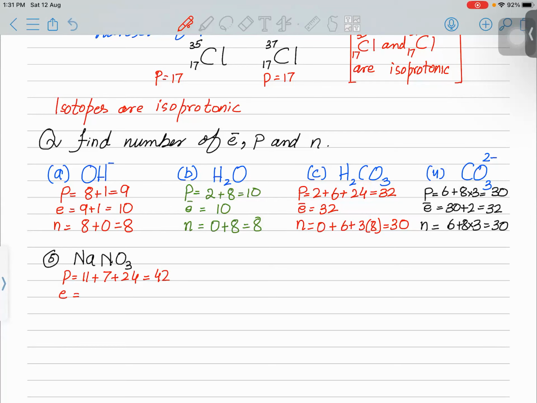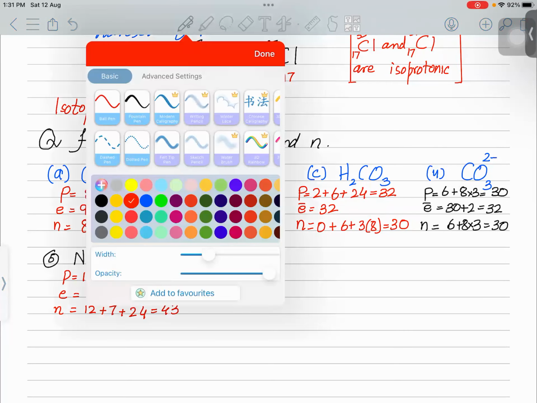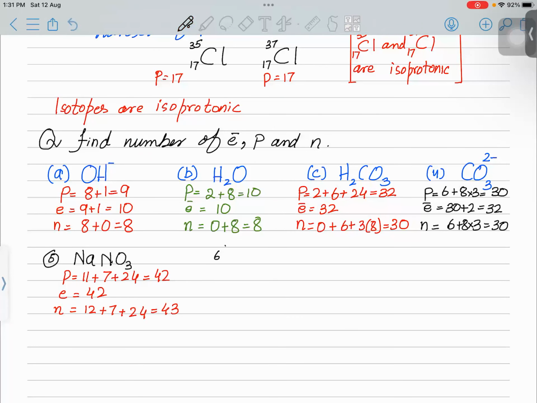No charge, so it's 42 as well. What about the neutrons? 12 for sodium, plus for nitrogen 7, and for oxygen 24. So it would be 43. Very good. Now question number 6.